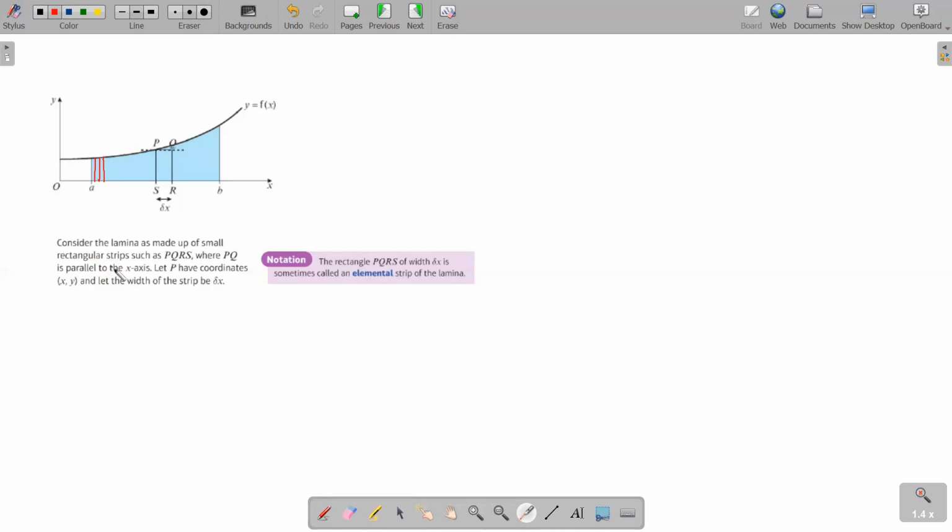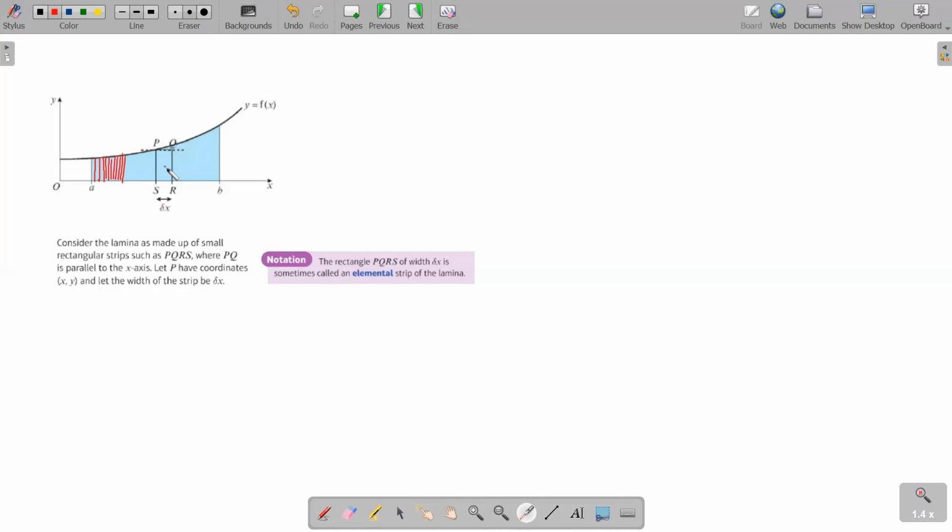For example, they have taken one such strip and enlarged it and shown it to you. So basically, we divide this into millions of tiny strips.